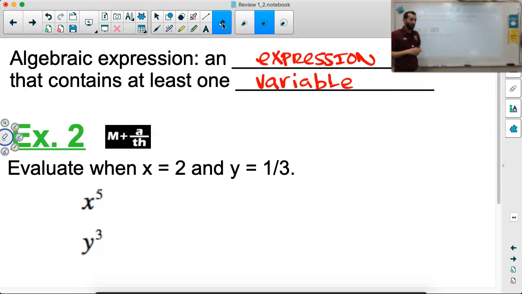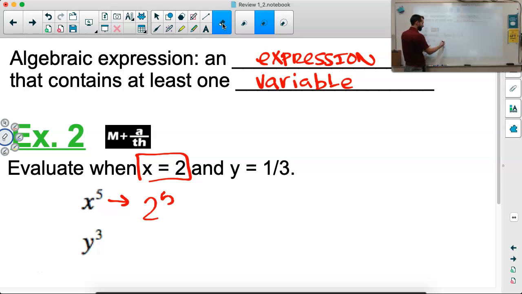When we're doing algebra, you have letters that stand in the place of numbers. Those are called variables. And so an expression has to contain one of those. Now, on this one, it says x to the 5th, and then they tell us up here that x is actually equal to 2. All we're going to do is plug that in, 2 to the 5th.